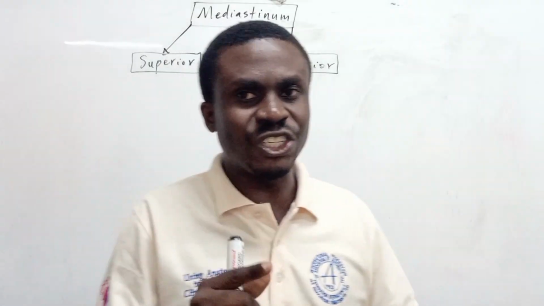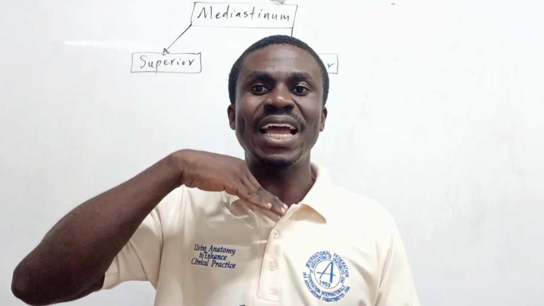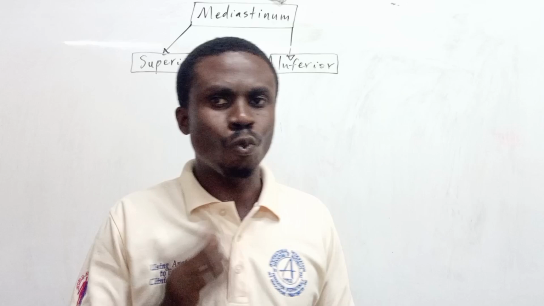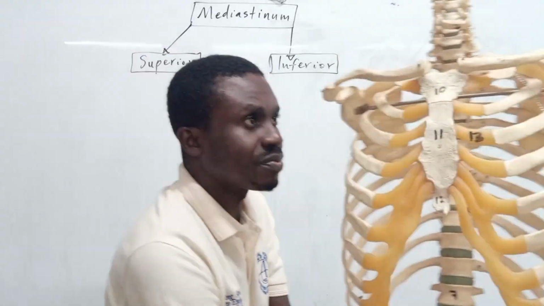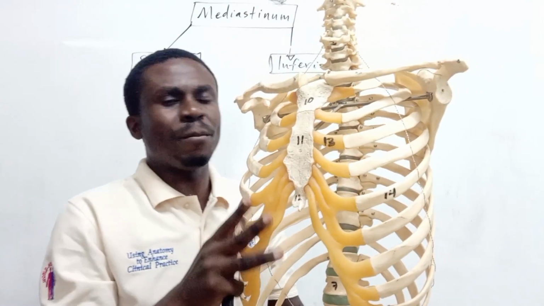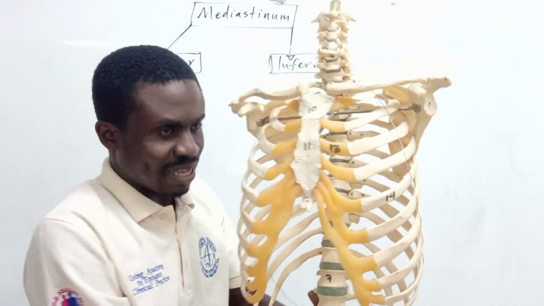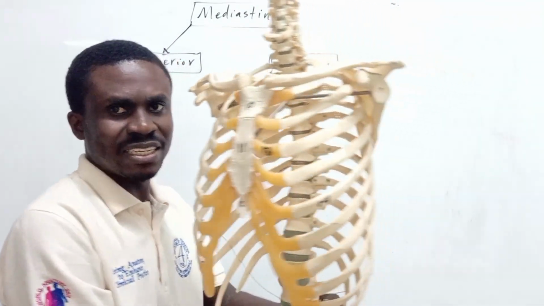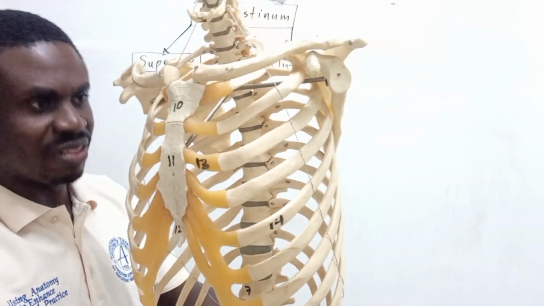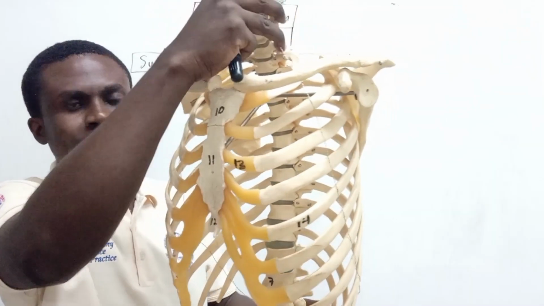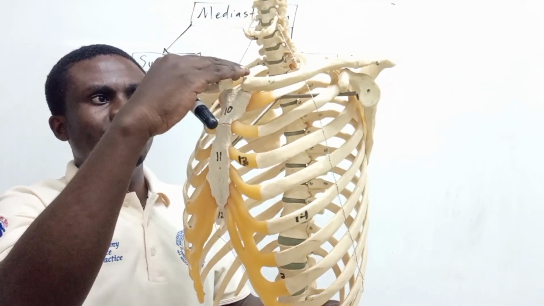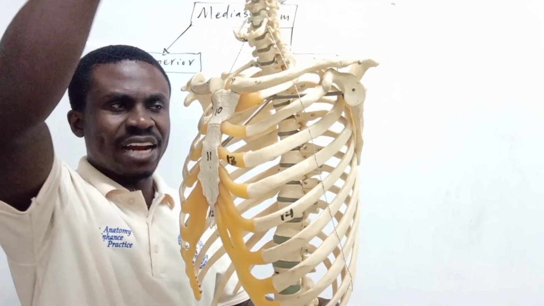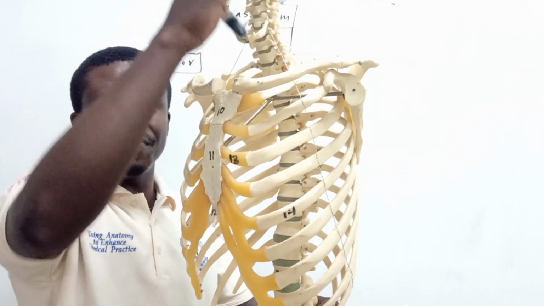For us to appreciate that, we first look at the superior extent of this mediastinum. What is the superior boundary of this mediastinum? My friends, if I turn this one this way, this is the neck. As I go this way, I'm going to the thoracic region. There will be some structures from the neck region going to the thoracic region, or vice versa.